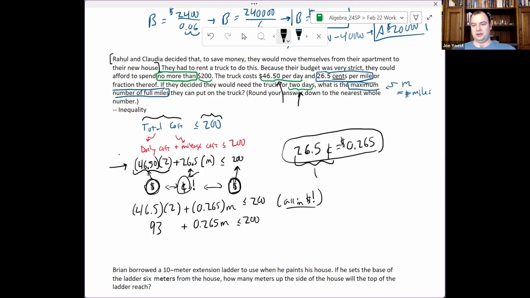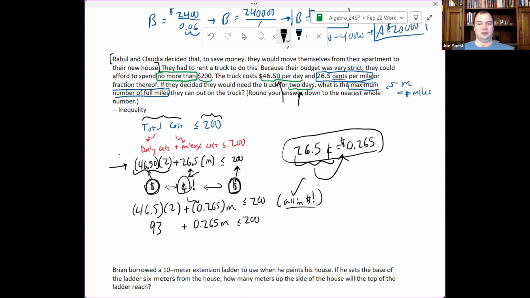I need to switch into the proper unit to be consistent with the other terms in the problem. 26.5 cents is $0.265. So I make that change: 0.265 M, $0.265 per mile times number of miles. Now everything is in units of dollars.